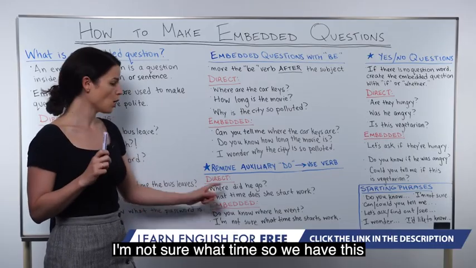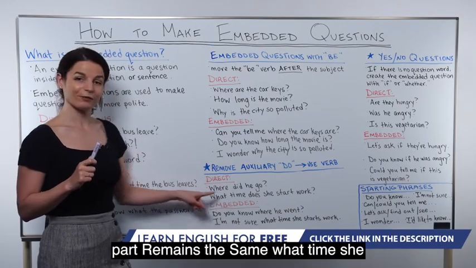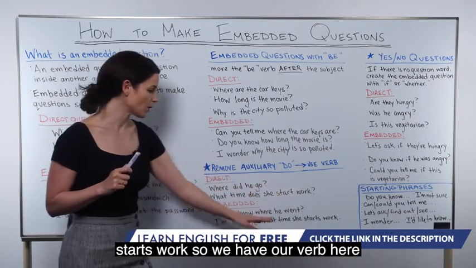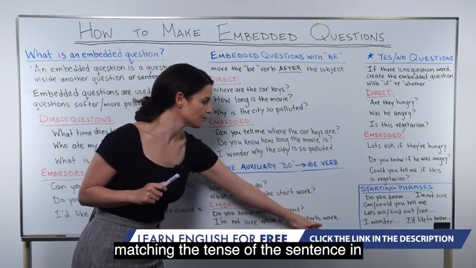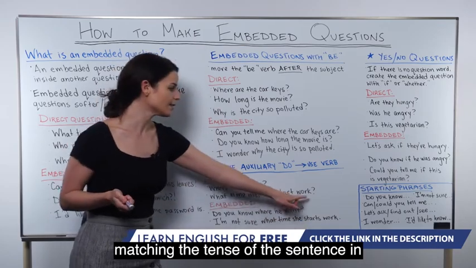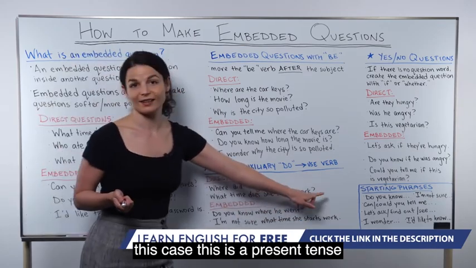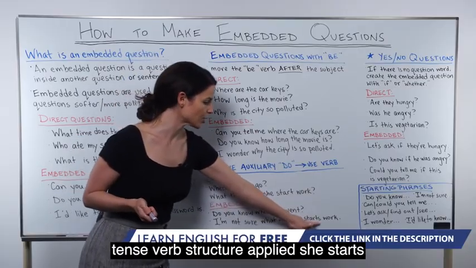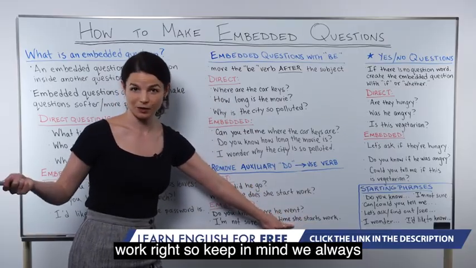I'm not sure what time, so this part remains the same, what time she starts work. So we have our verb here matching the tense of the sentence. In this case, this is a present tense sentence, right? So we have the present tense verb structure applied. She starts work, right?